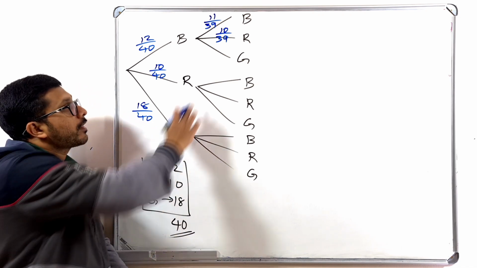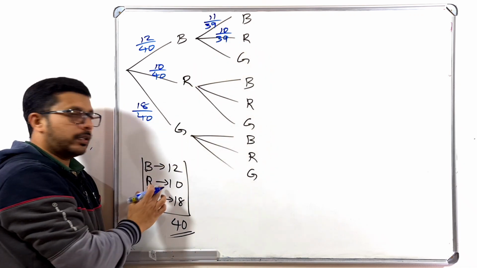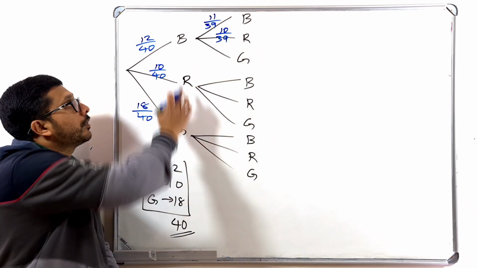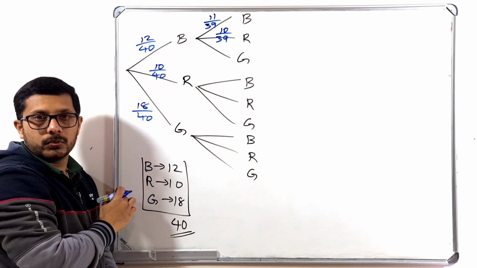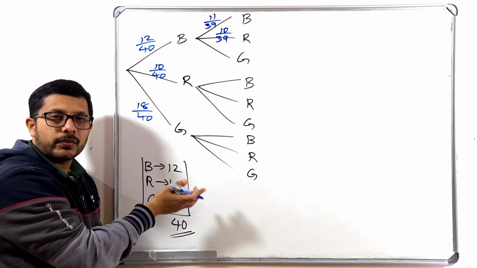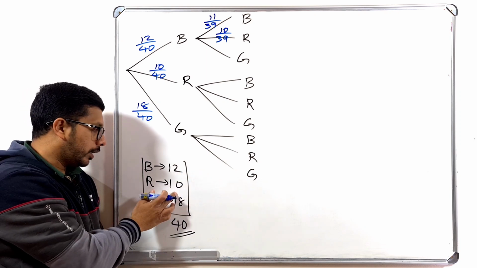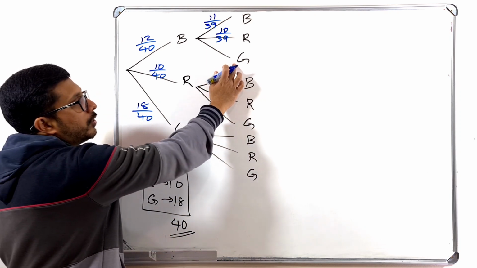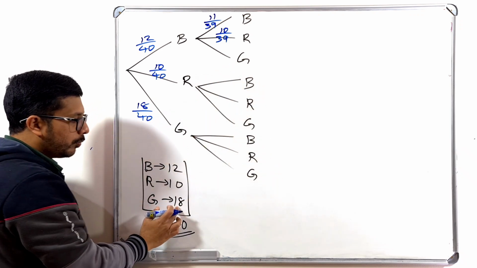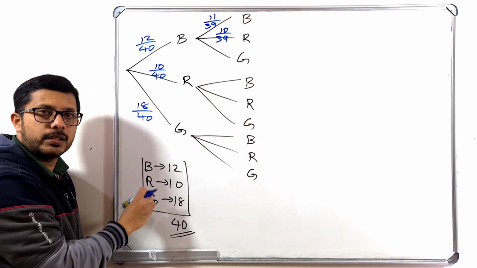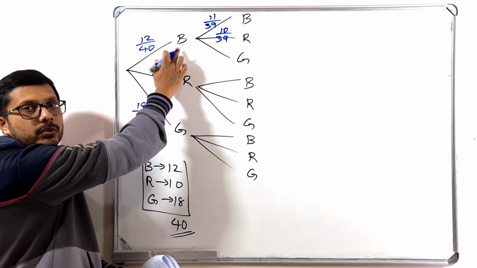Only the blue balls change from 12 to 11; otherwise it's the same. Red balls number same, green balls number same. So what is the probability to get a green ball? How many green balls are there? 18. All 18 green balls are still there, because the first time we took a blue.